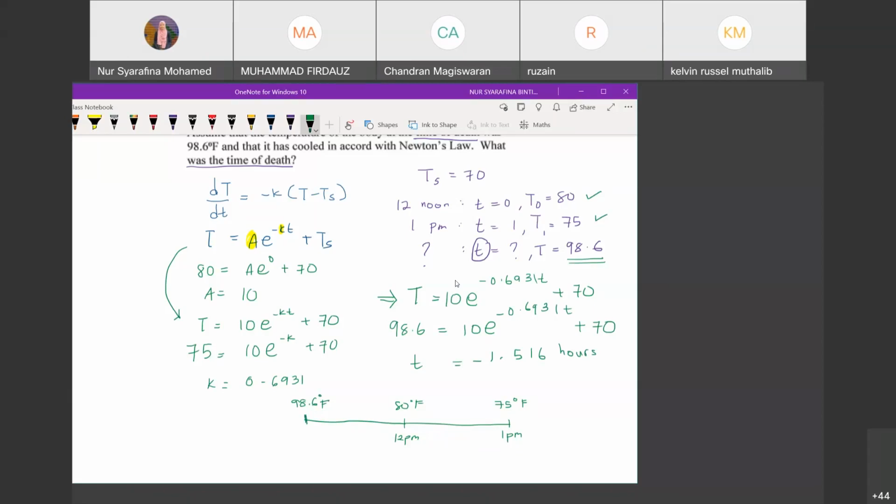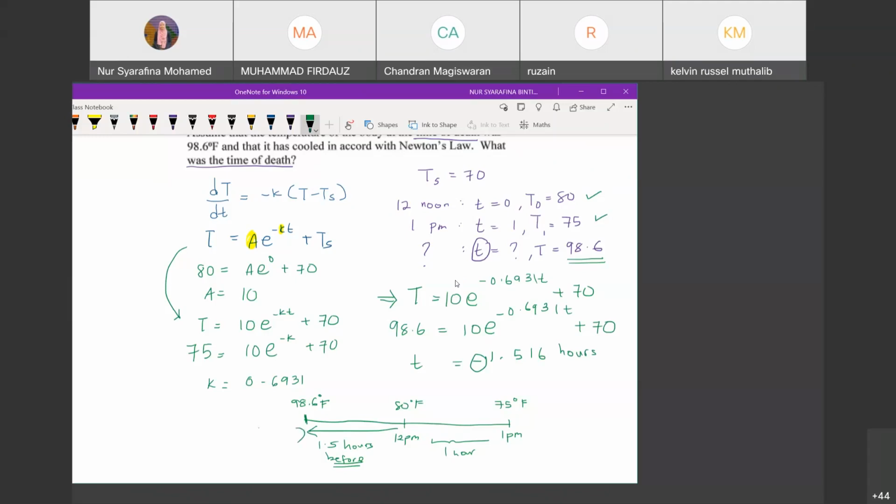So at 12 p.m. it is 80. After 1 hour, it becomes 75. That means at 98.6, it can be about 1.5 hours before. So the negative sign here represents previous time, before 12 p.m. So we estimate it is about 1.516 hours.